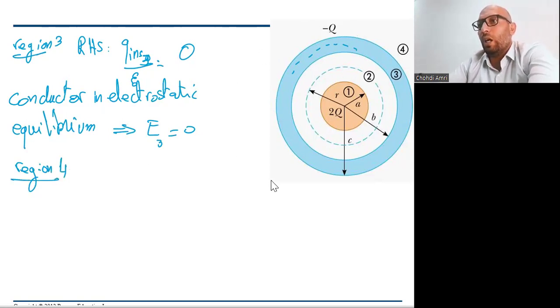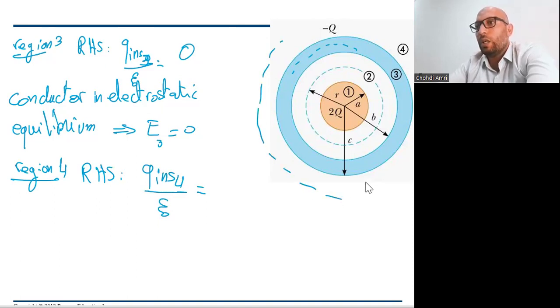We are outside. Right-hand side gives Q inside 4 divided by epsilon naught. If we are outside, we are here. What do we have inside? We have 2Q and minus Q. So it's 2Q minus Q divided by epsilon naught. So it's Q divided by epsilon naught.